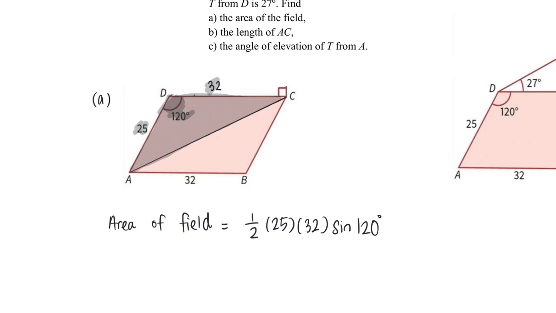So this whole thing I will later need to multiply by 2 for the two triangles. So then this will give me a value of 692.82. To 3 significant figures, the final answer is 693 meters squared.